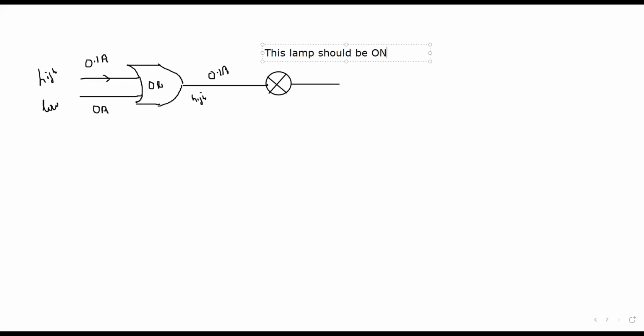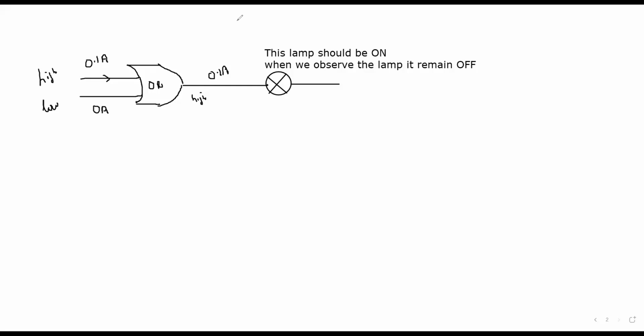But when we observe this, it remains off. As it remains off, it shows that this 0.1 ampere is not sufficient to light up the lamp. It needs more voltage or greater current to work. The current is too low.